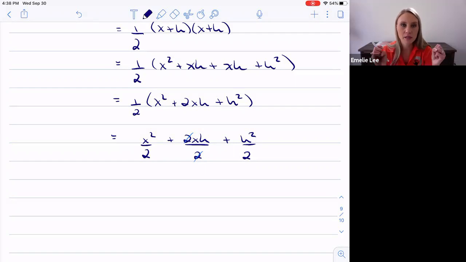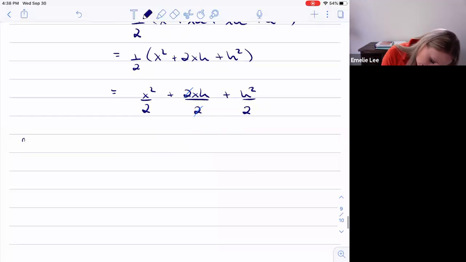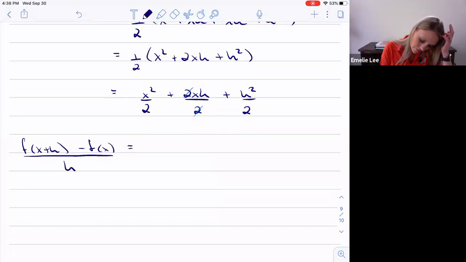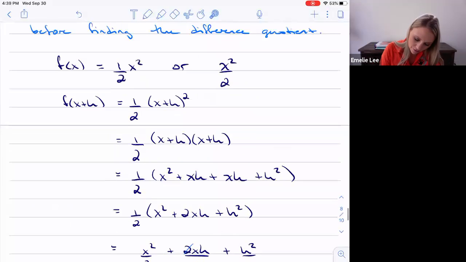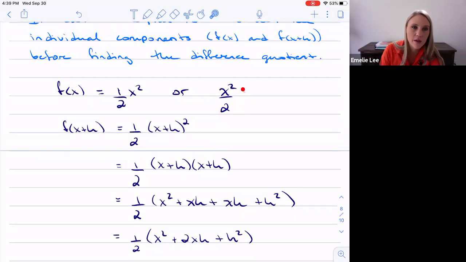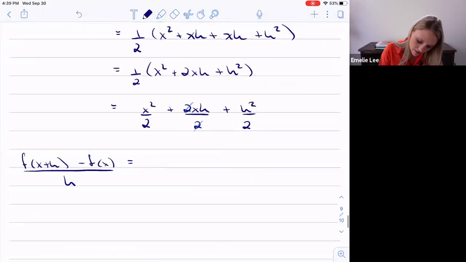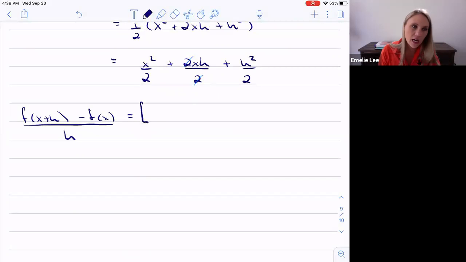So now I'm going to be able to start making my difference quotient. So my difference quotient is f of x plus h minus f of x all over h, which in this case, well, this here is my f of x plus h, and then my f of x, we'll use the same kind of writing style, x squared over 2, and see what happens. I like to use brackets to kind of show that, hey, here's f of x plus h, and here's f of x.